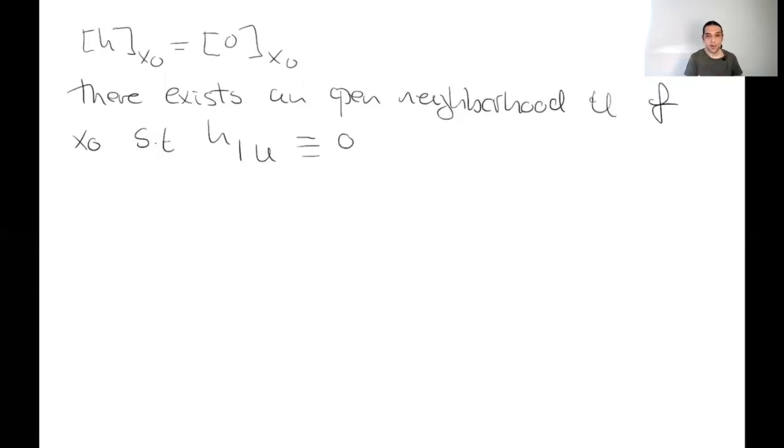Okay, now we're going to express h as a product of two functions. One of them is going to be itself, and the other one is going to be a C-infinity function that we're going to define now.